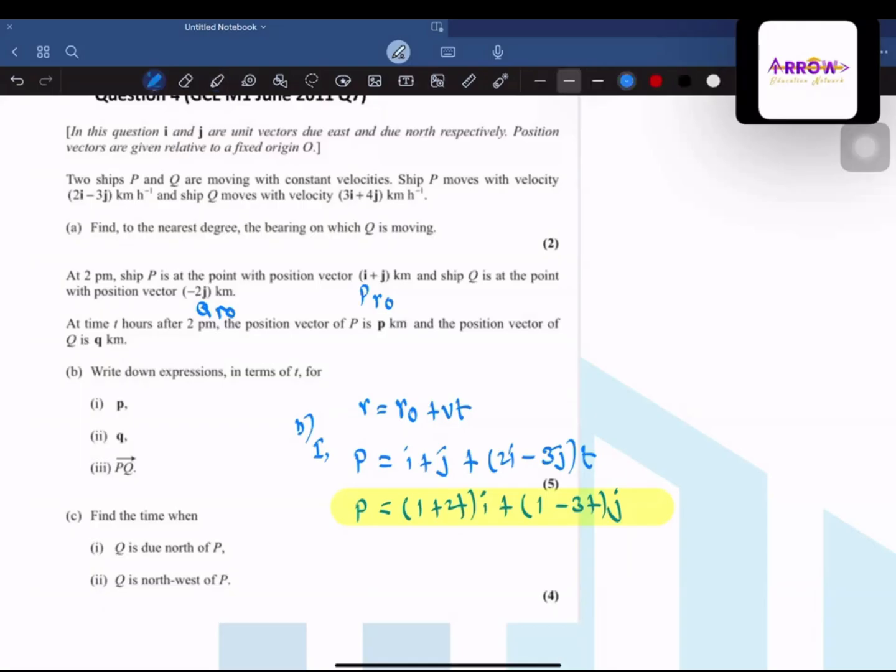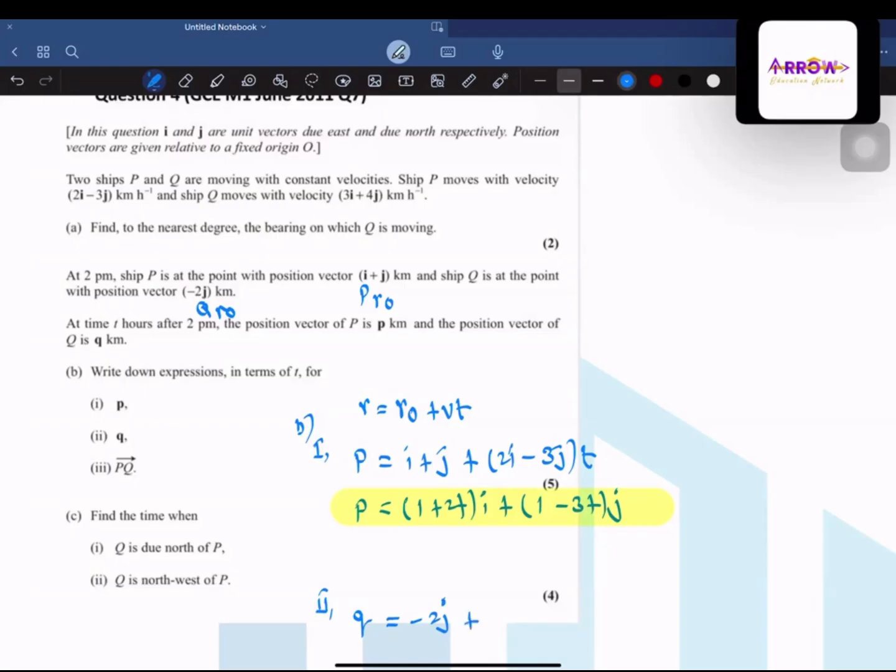As far as part 2 is concerned, again the same equation, r equals r naught plus vt. Small q is the position vector of ship Q at any value of t, so r is replaced with small q. The initial position vector of ship Q is minus 2j kilometer, so r naught of ship Q is minus 2j.